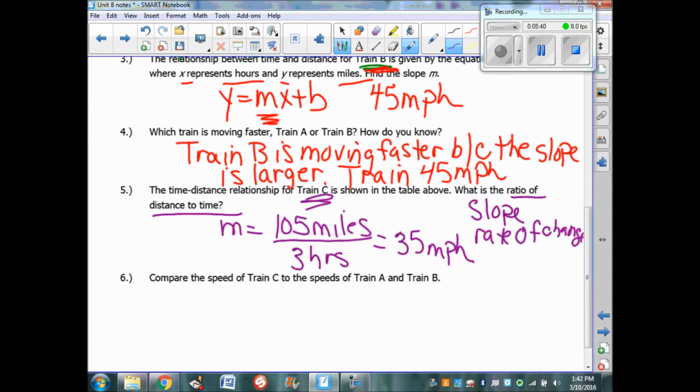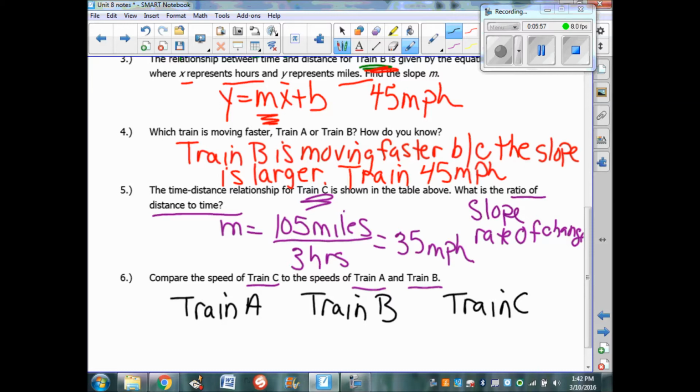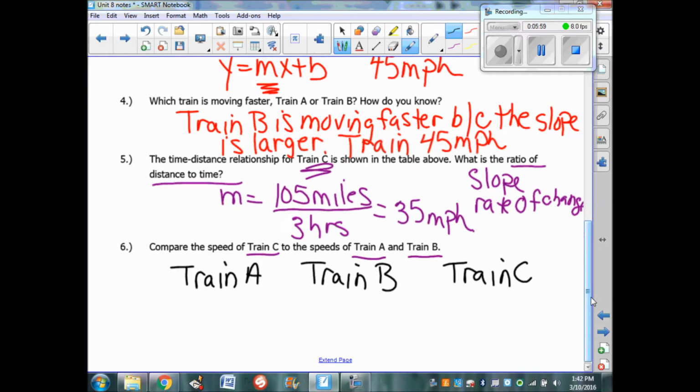Compare the speed of train C to the speeds of train A and train B. So let's make a nice little list here to organize our thoughts. Train A, train B, train C. Okay. So train A we came up with, and that was moving at 30 miles per hour.